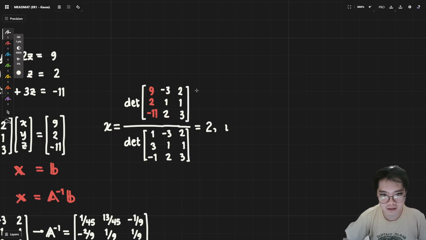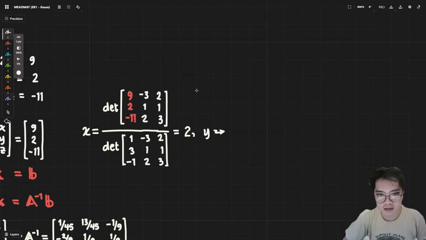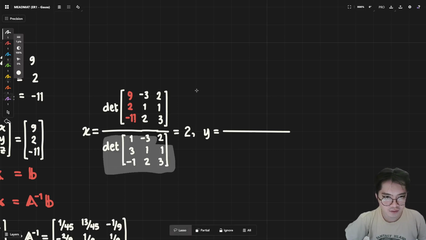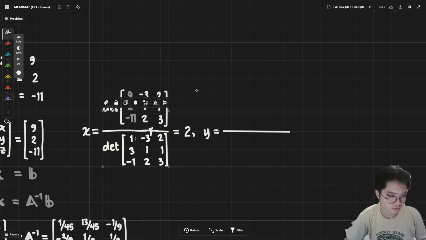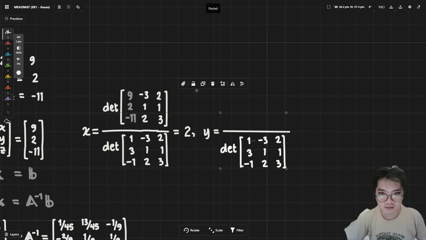For y, you will have two giant determinants again. And let me just copy paste this thing. There you go. Have this here.